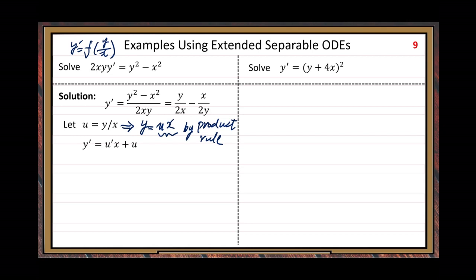That's our first y prime representation.